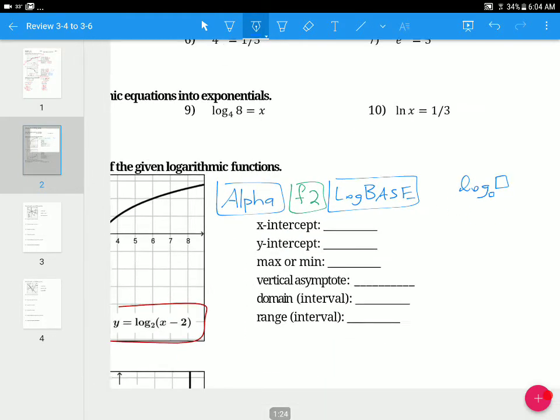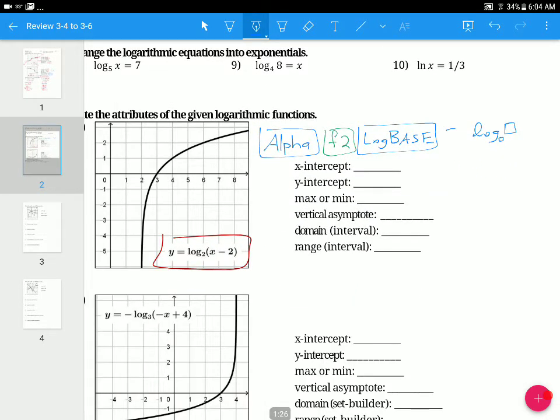That's what it'll do to your calculator. So again, alpha F2, log base. That's where you find it. I think you can also find it under the math button, but I'm not really sure where it is. But this is the way that I know how to do it.